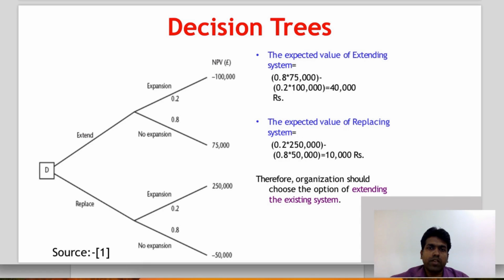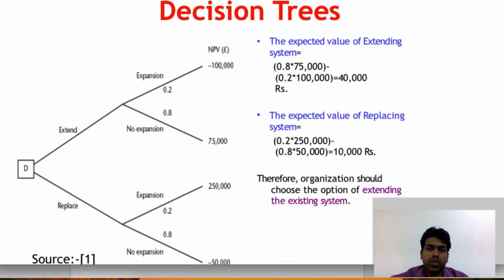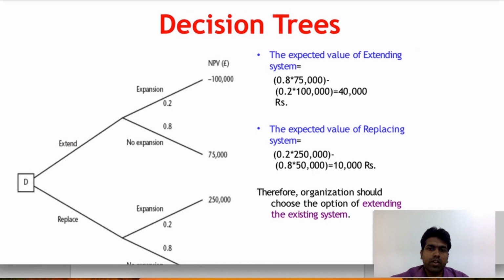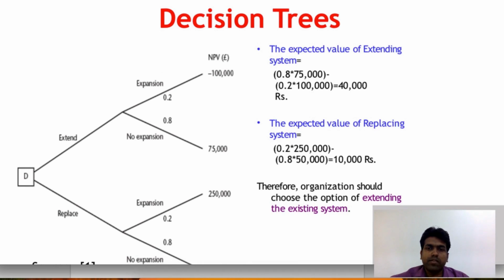So here we are getting 40,000 rupees. So for the extension, the expected value for extending the system is 40,000. In the other case, 10,000 will be needed. Therefore, organizations would choose the option of either going for extension, or going for existing system replacement.